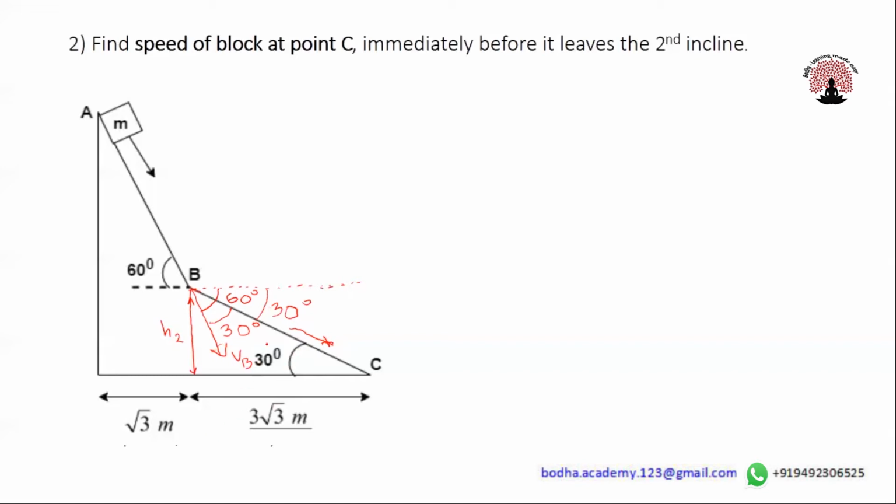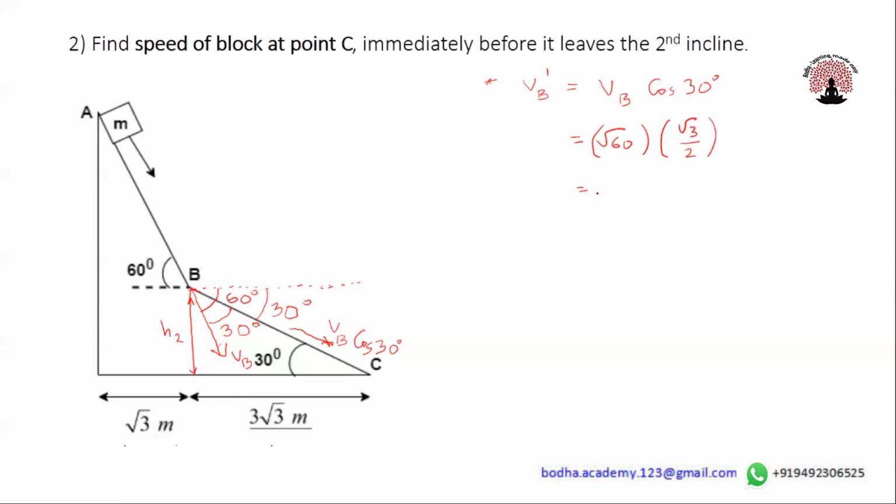For VB, this side is the adjacent side. So this velocity will be VB cos 30 degrees. Let me call it VB dash, which is equal to VB cos 30 degrees. VB we got as root 60, into cos 30 degrees, which is root 3 by 2.